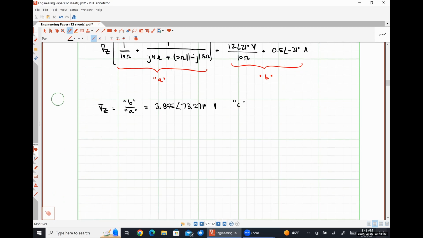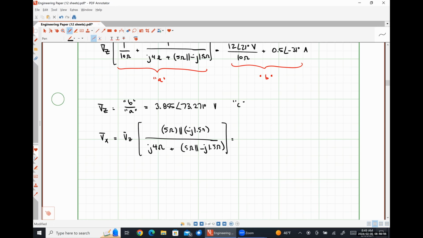So Vx should just be VZ times that 5 in parallel with minus J1.5 over J4 plus that 5 in parallel with minus J1.5. So I'm going to throw that in my calculator.